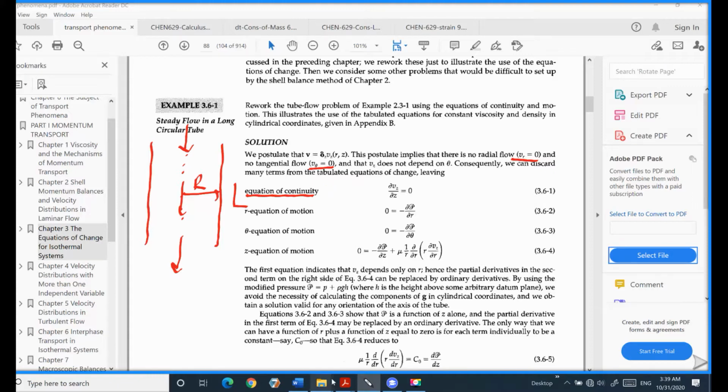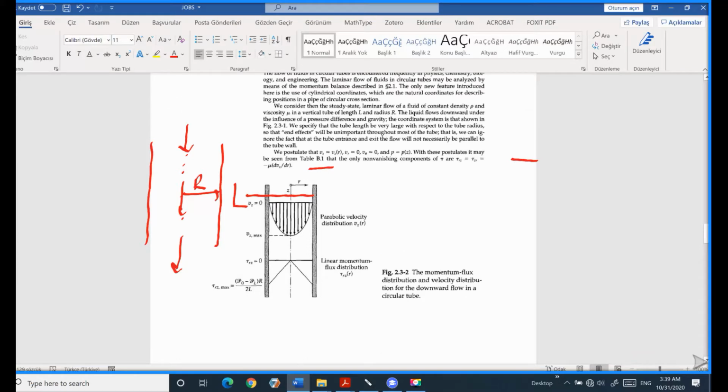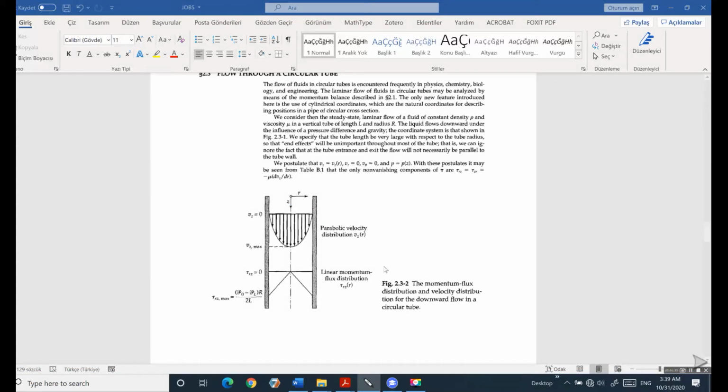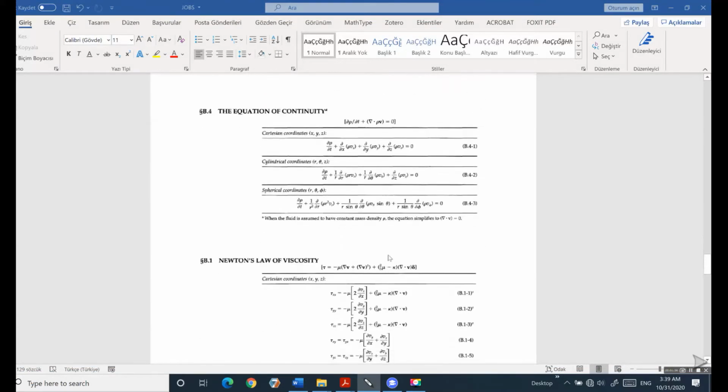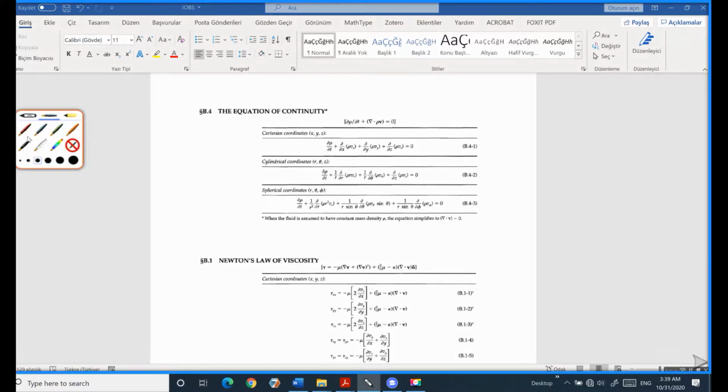When we go to Appendix B, to the equation of continuity, for this problem we are in cylindrical coordinates, because the tube has r, theta, and z. In this problem, the density rho and the viscosity mu are given as constant. That's why this term is going to be 0.